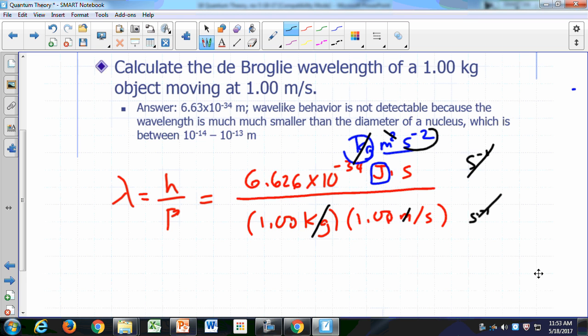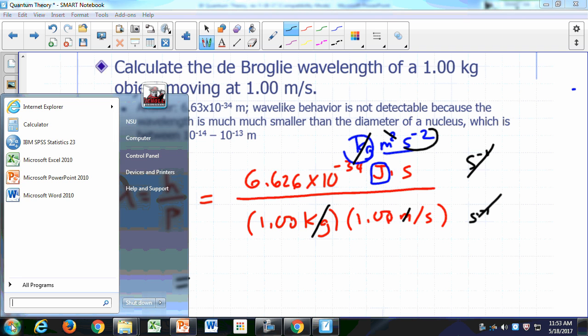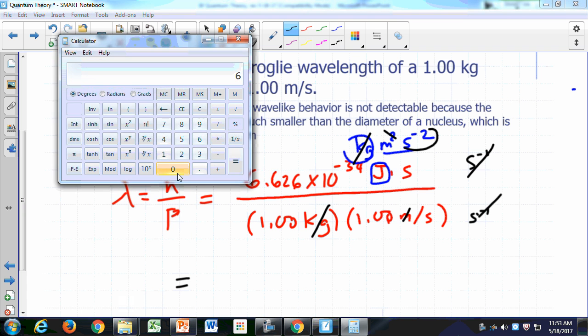So this just leaves meters as the unit. So let's calculate that. 6.626 times 10 to the negative 34 divided by 1 divided by 1. Now, it's kind of easy: 6.626 times 10 to the negative 34 meters.